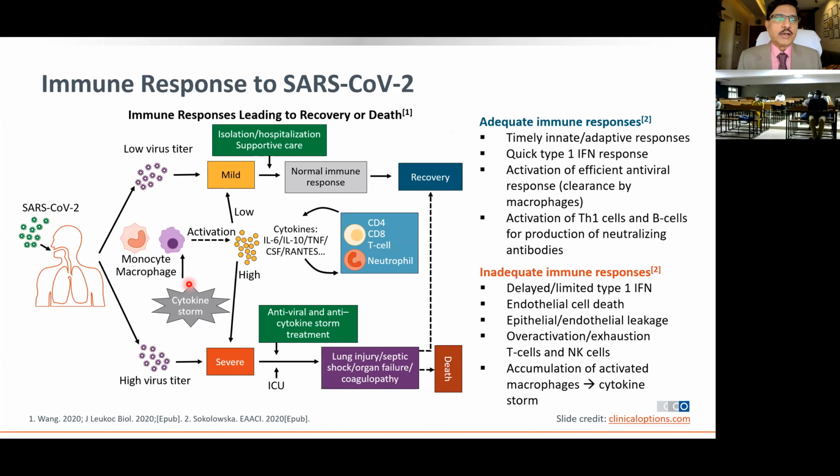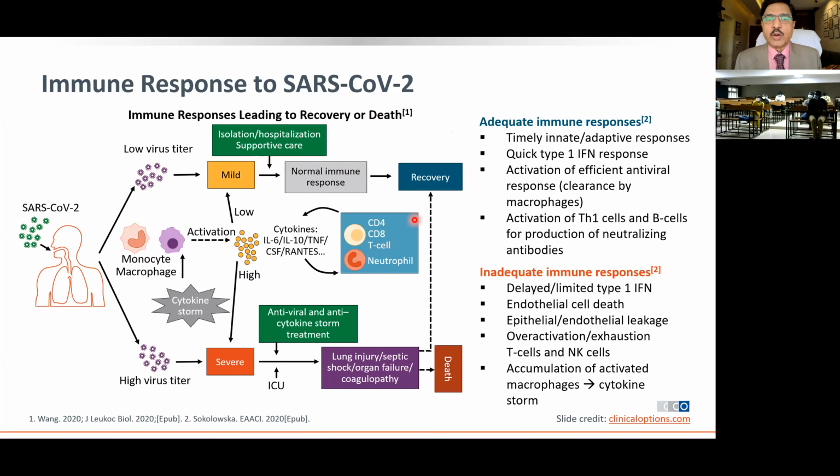Now, we saw the other day that once COVID is infected, it could be low viral titer, mild illness, home isolation, supportive care, normal immune response, and they recover with no cytokine excess. Or some of them may have activation of the macrophages and neutrophils, they produce cytokines, and the cytokines may be mild and low and then they recover, or the cytokine storm may occur.